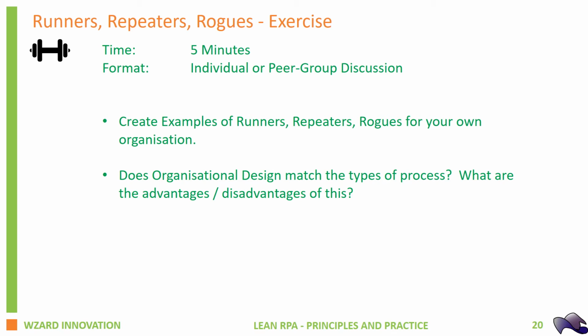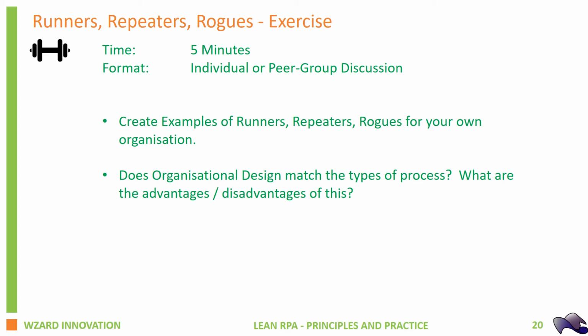The concept of runners, repeaters and rogues can be useful in many contexts and actually typically helps us to create new organizational designs. So we will often build events teams to handle repeater processes, technical expert teams to handle rogue processes, and then different functional teams to handle different runner processes.